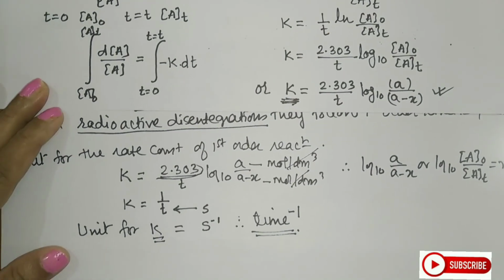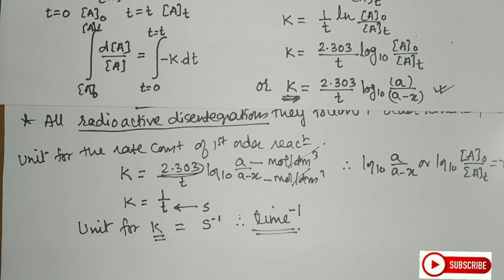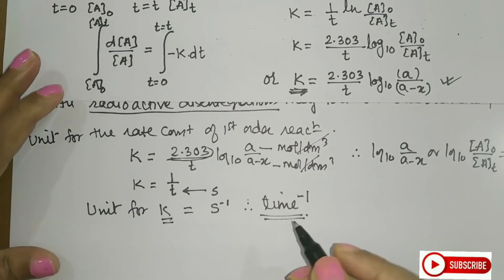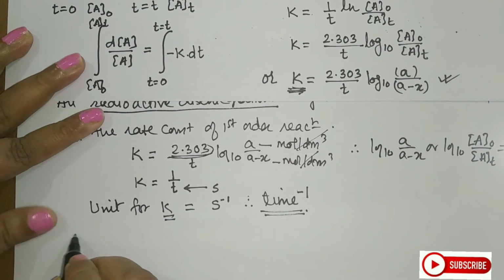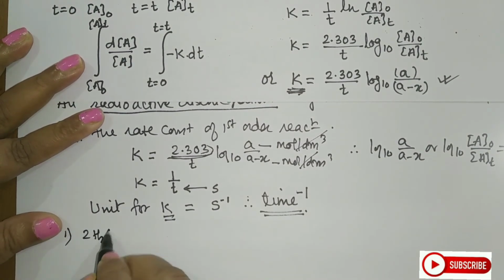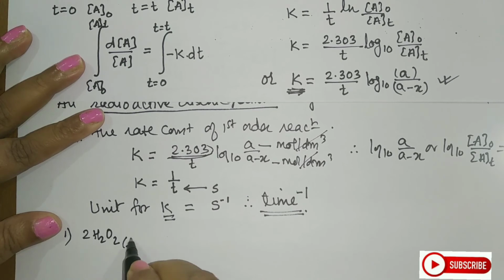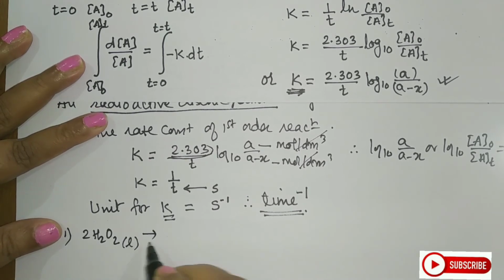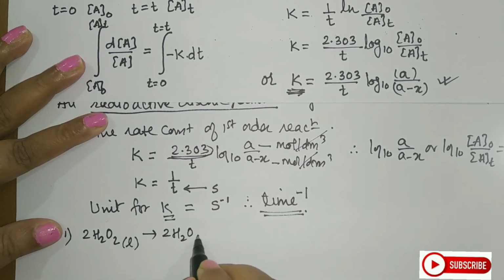Now let us see some of the examples of the reactions that usually follow first order kinetics. So the first and the best example is 2H2O2, that is hydrogen peroxide, decomposes to give 2H2O plus O2 gas.